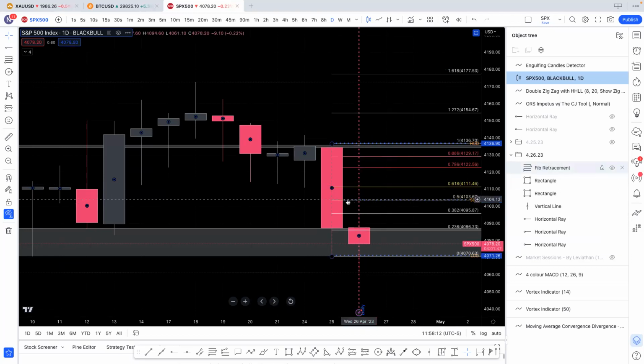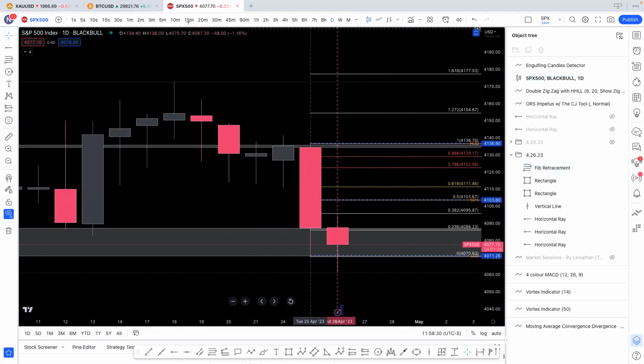Got my fib for the 50. And then let's see, what else am I missing? Got my high of the day, the low of the day, the vertical, and then I think that is it.